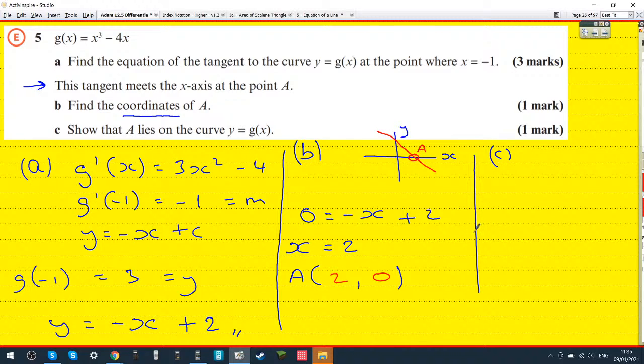Okay. So would you substitute 2 into 3x squared minus 4? No, it doesn't lie on the g dash of x, it lies on the g of x.